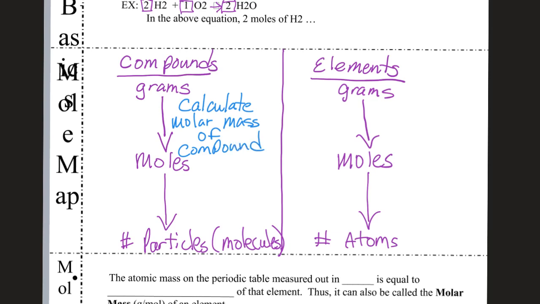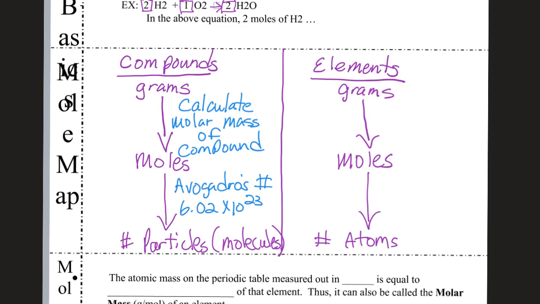Now, once we have that, we can figure out how many moles are going to be present in that amount of, or that weight of the substance. Going from moles to particles, we're going to need to use Avogadro's number, which is 6.02 times 10 to the 23rd. So using that conversion factor, we're going to be able to get to particles. Now, don't worry, we're going to demonstrate this and you'll have lots of practice, but this is the map of how you're going to get there.